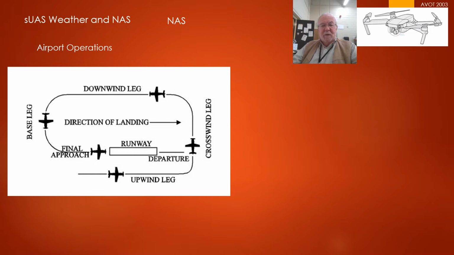Manned aircraft will be calling at an uncontrolled airport, or even at a controlled airport for that matter, making position reports as they approach the runway to land, or if they're departing the airport as well. It works both ways. They need to be telling other manned aircraft pilots what they're doing. We don't want to bump into each other.